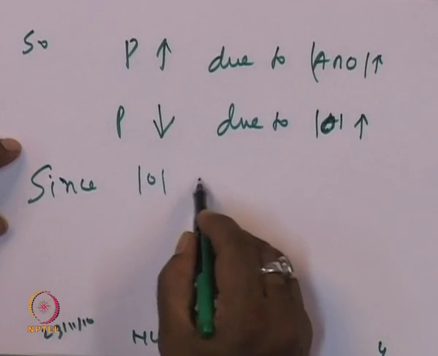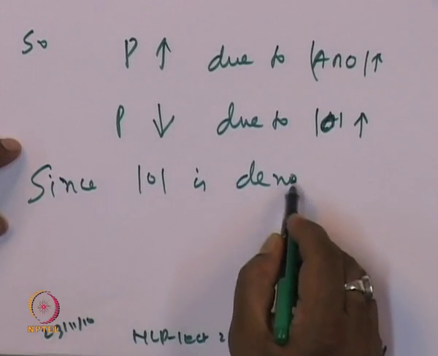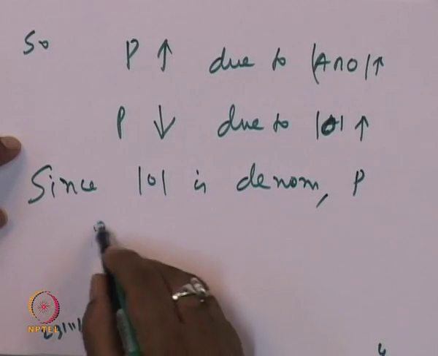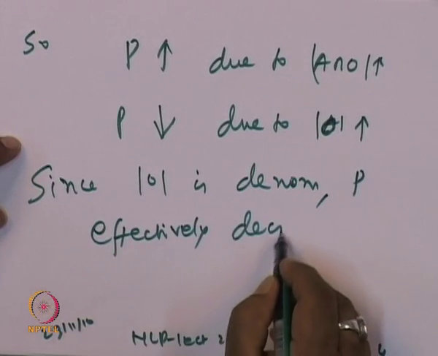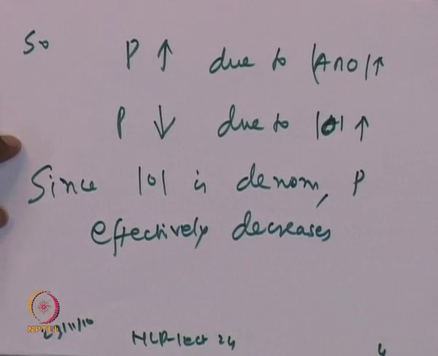Since O is the denominator, P effectively decreases. Okay, so that is the reason.